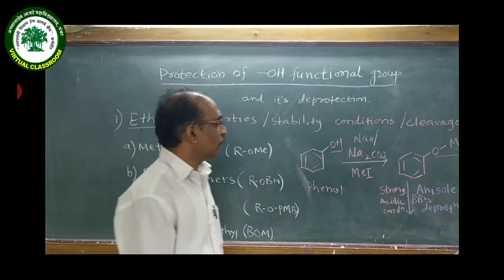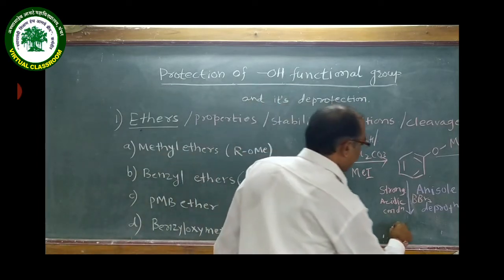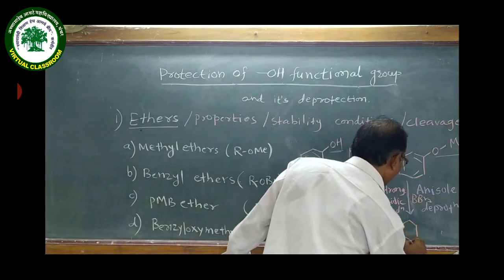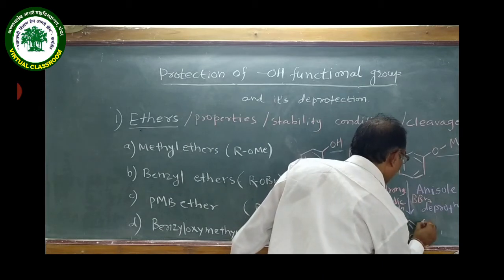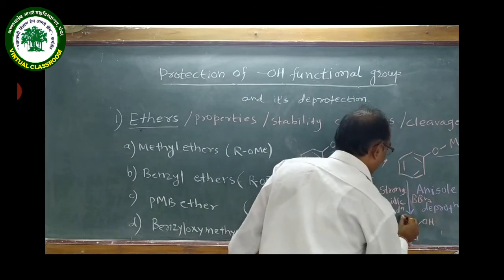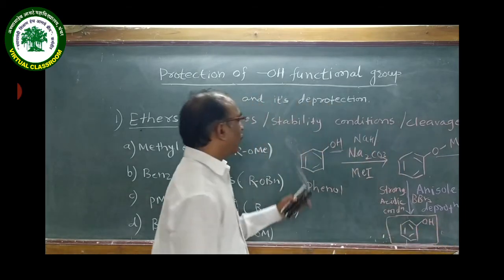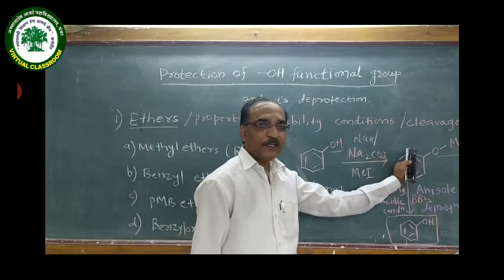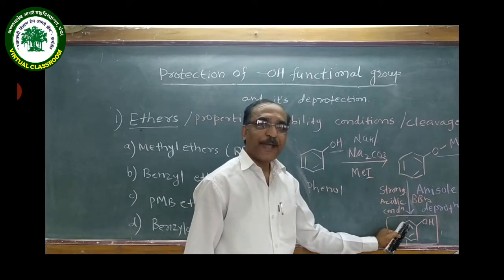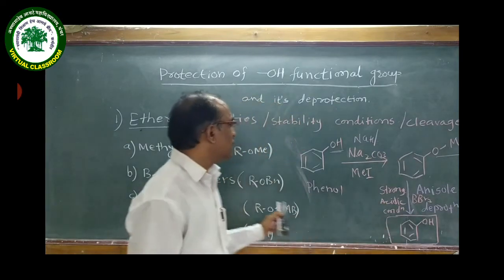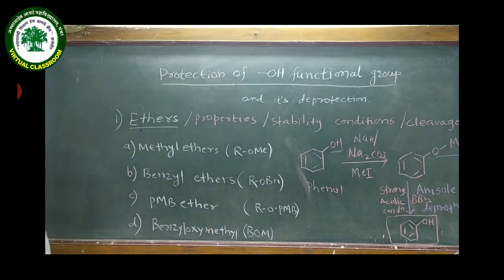This is the strong acidic reagent which can cleave anisole into the respective phenol. This is the protection of phenol with methyl ether and then back to the phenol. So this is a protection as methyl ether.